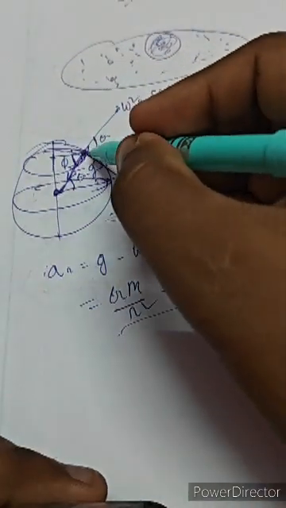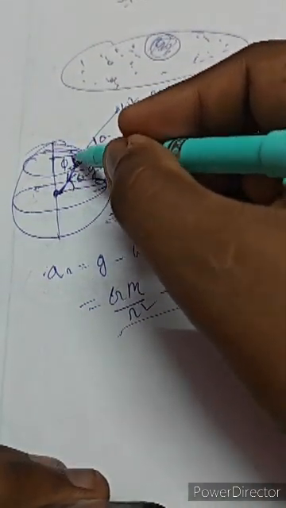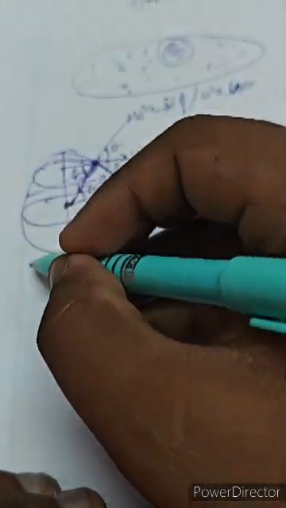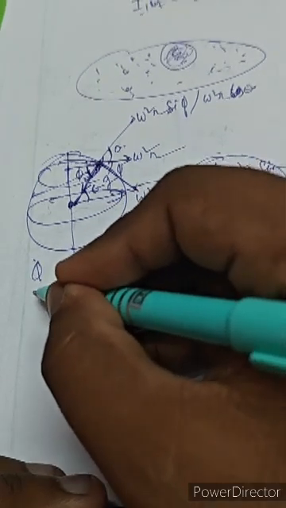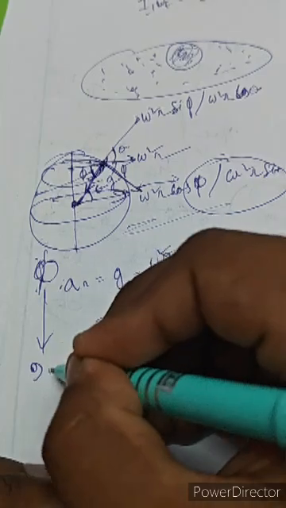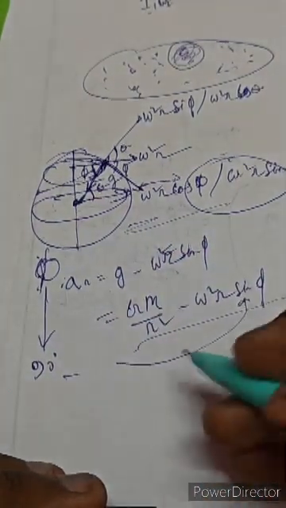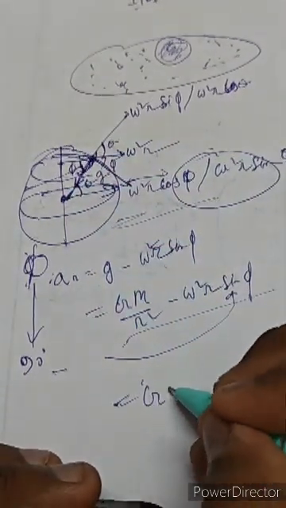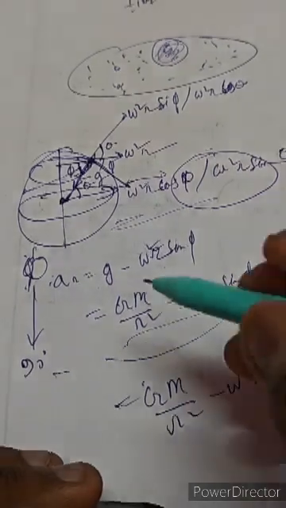In those cases, if the particle moves towards the center, phi increases to 90 degrees. When 90 degrees is reached, the net acceleration at the center is GM by r square minus omega square r.